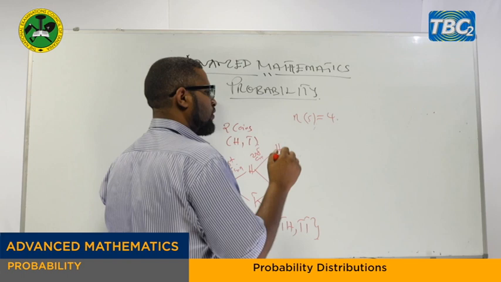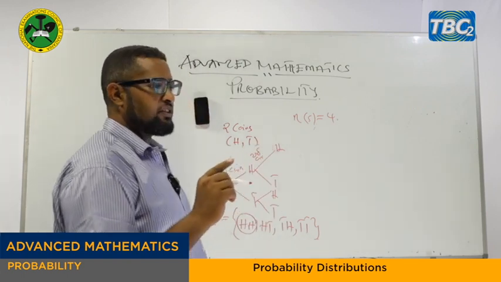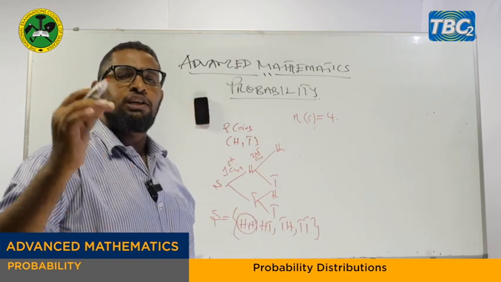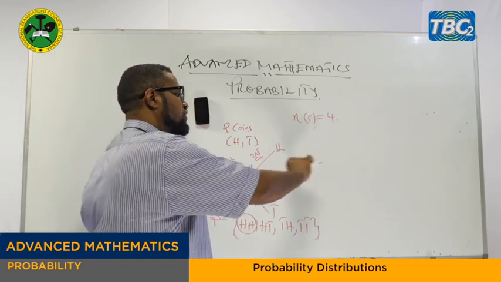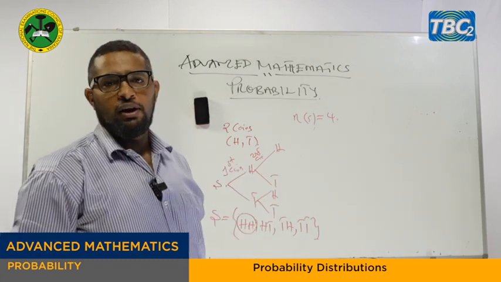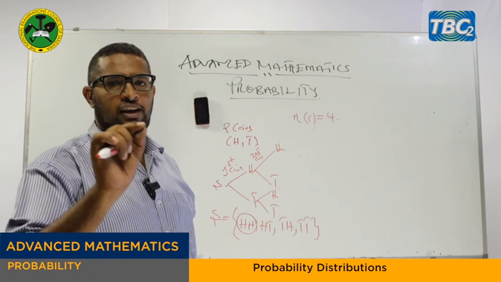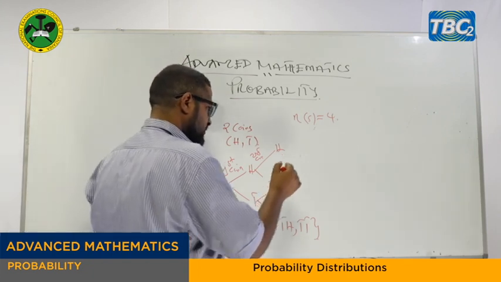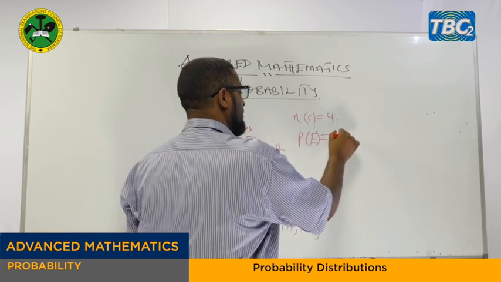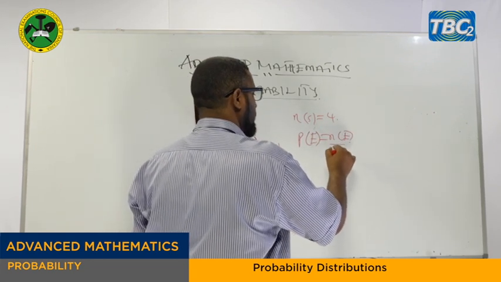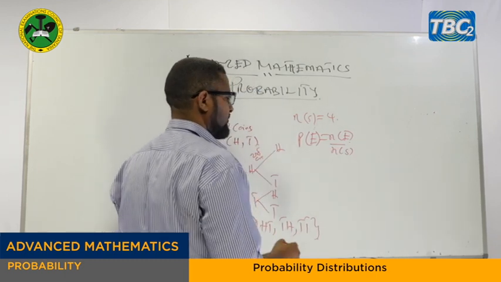Thereafter, because Mr. Innocent is asking how we're supposed to draw a table to display the distribution of the variable h or x as asked in the question. From probability of an event, we have number of events over number of sample space.